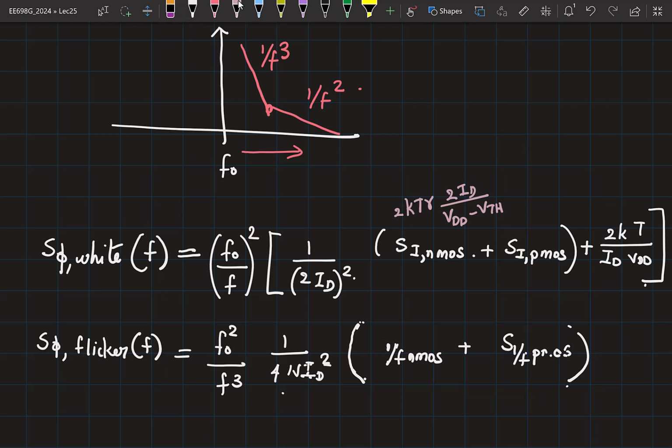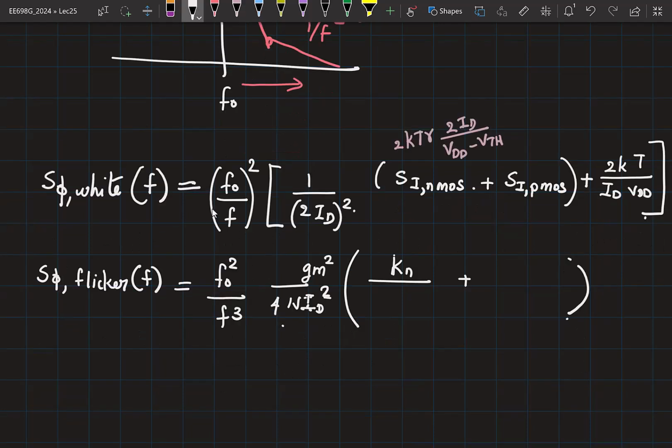Then we replaced both flicker noise profiles with the expected expression. So you get a gm square outside, and here you have Kn divided by twice of WLN into COX, plus Kp by twice of WLN into COX. So you have these expressions for the phase noise component due to white noise as well as flicker noise.